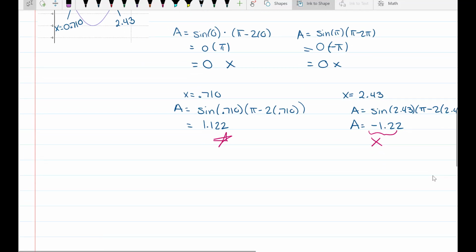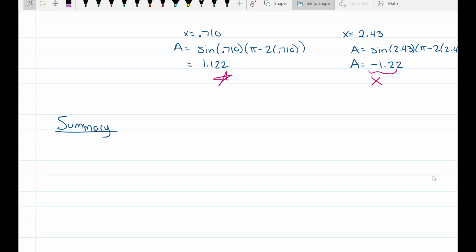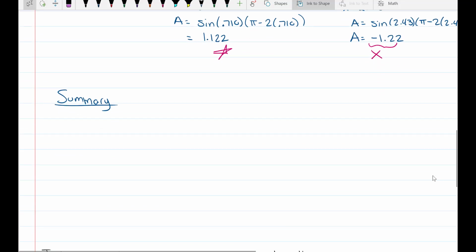Now for the summary. You have to answer our questions like this. If it was multiple choice, you don't have to. However, I'm trying to get you ready for the FRQ. So here we go.